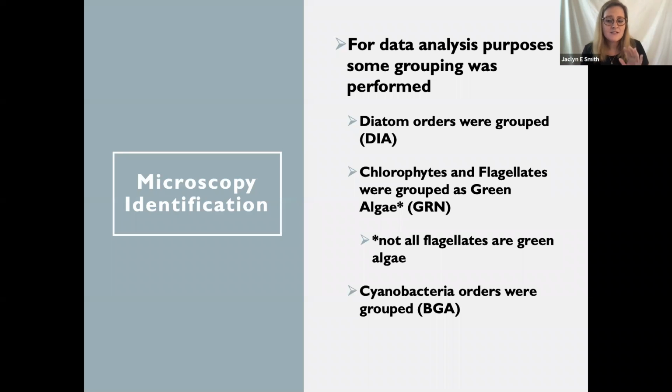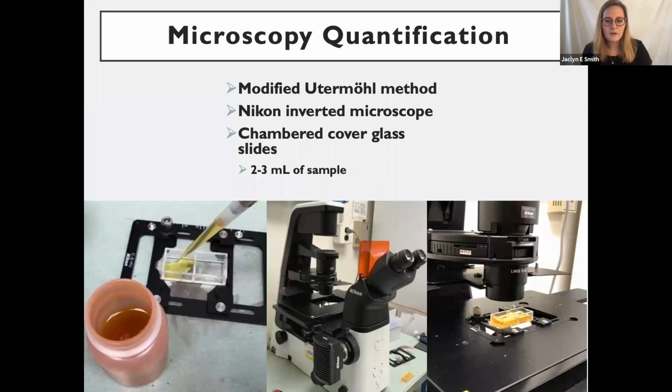And then all 3 of the orders of the cyanobacteria we grouped together. So for the actual quantification, we used a modified Utermöhl method. This is a pretty common practice in this area. This method is also used by Maryland Department of Natural Resources and even Virginia Department of Health for their freshwater systems.